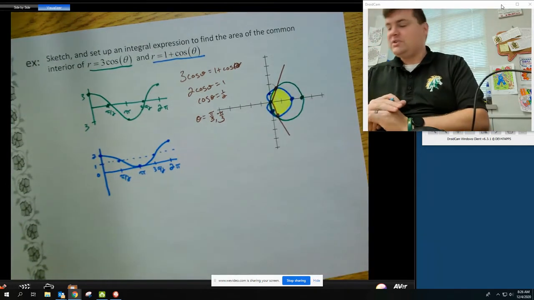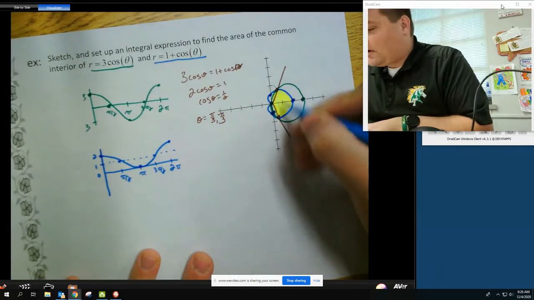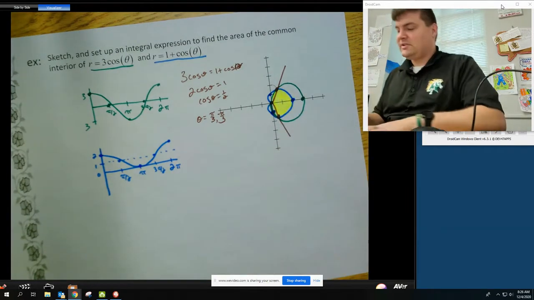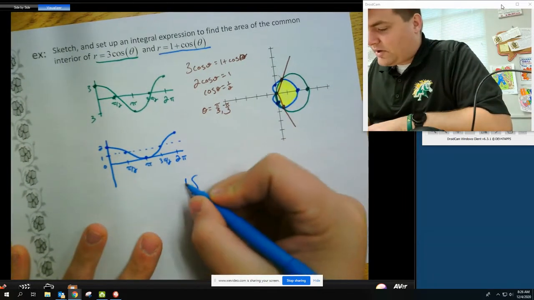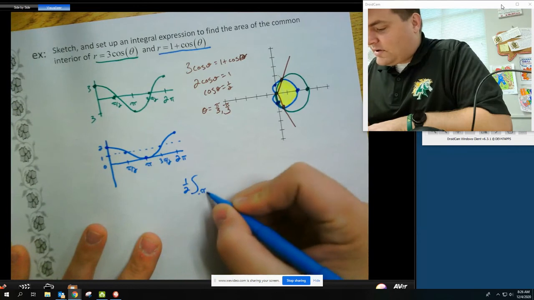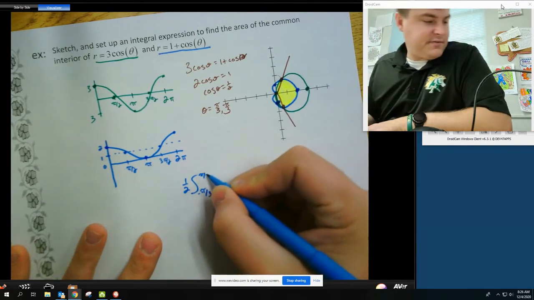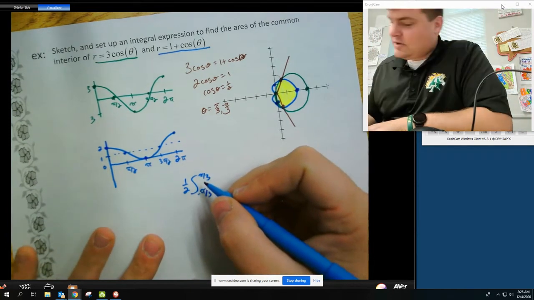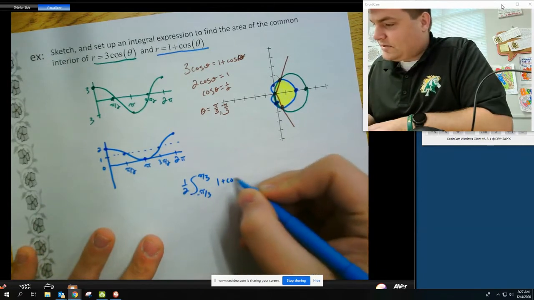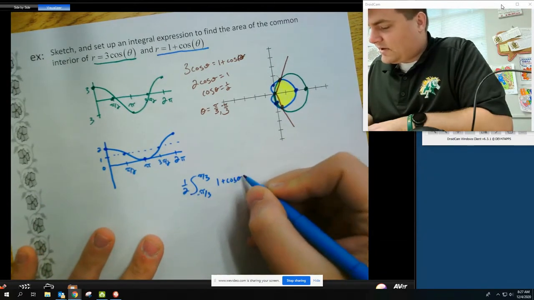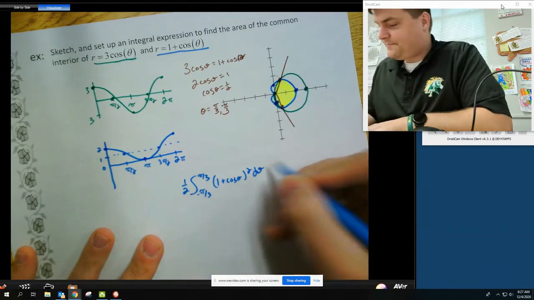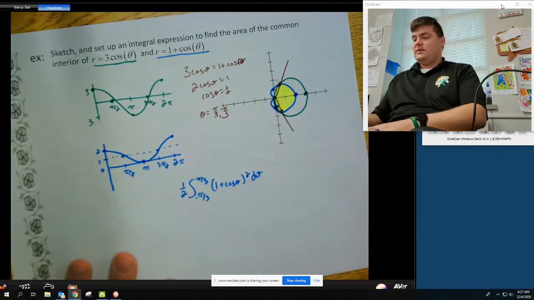All we're doing is integrating blue from here to there. So that's the first part, and I'm going to set that one up. We're going to integrate 1/2 from negative pi over 3 to pi over 3 of 1 plus cosine of theta all squared d theta. Okay? That part's not bad.